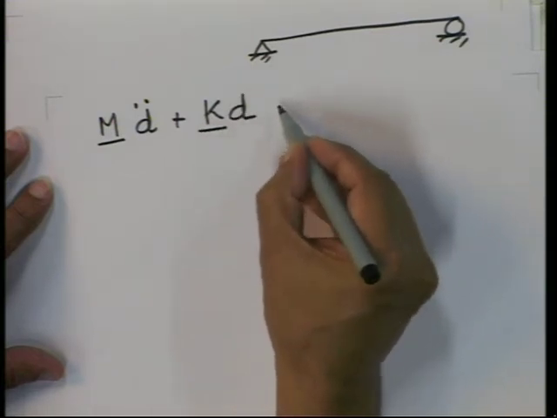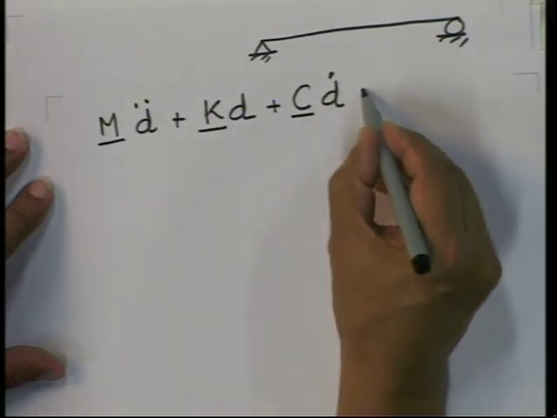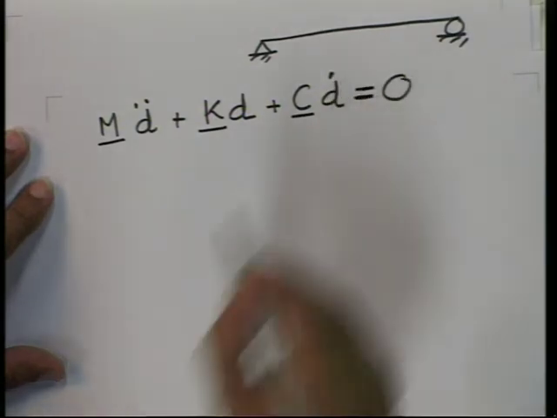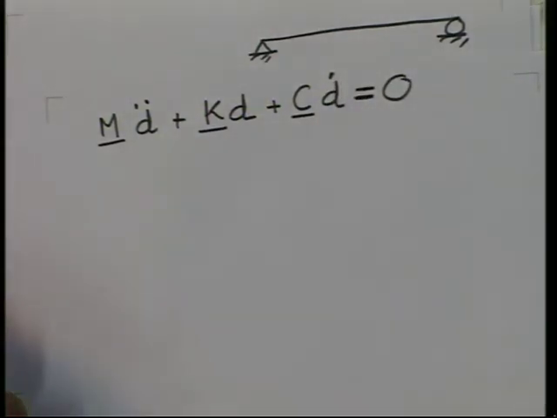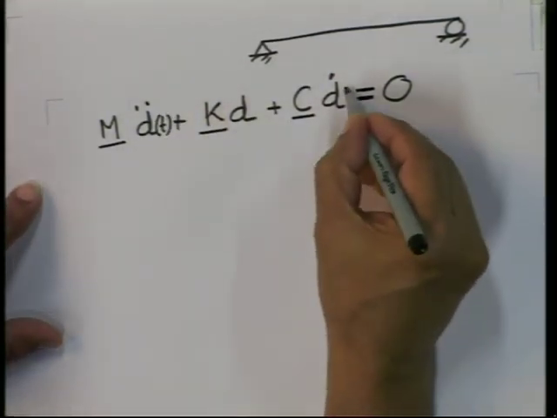M d double dot plus K d, and if you want to put damping also, then this is your damping term. But here all these are functions of time.